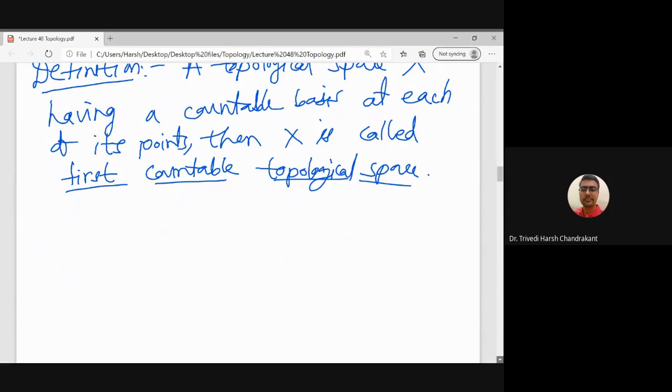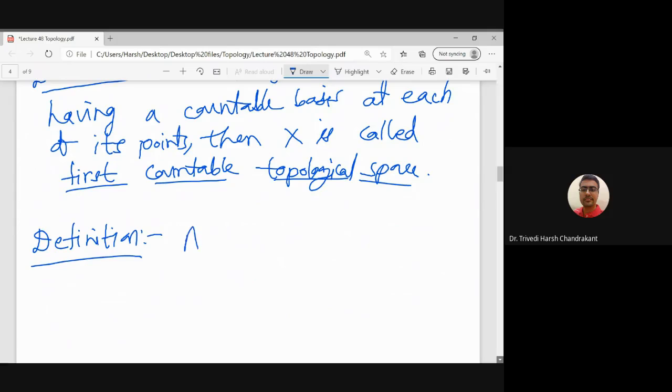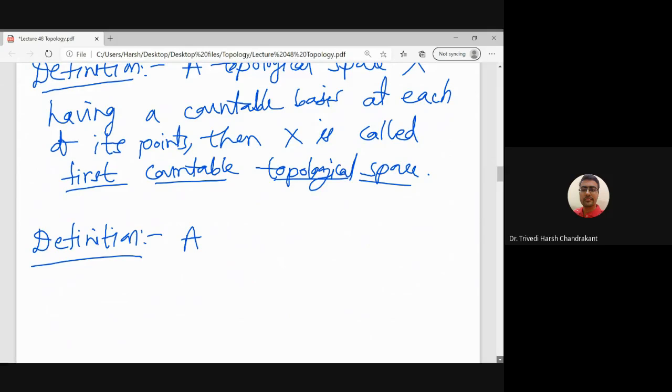In a similar way we can define the second countable space. The first countable space, we have already seen the example that all metric spaces are first countable spaces. So let us see what is the definition of second countable.